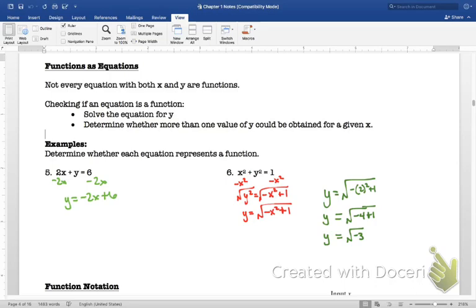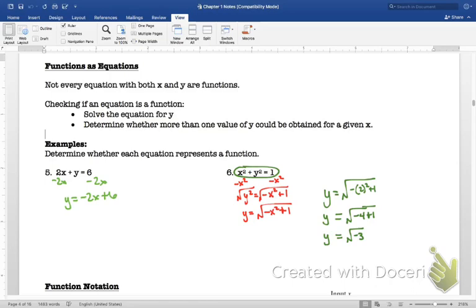This looks fairly close to a circle, although it's not exactly one because it's not minus. But anytime that both your x and y values are squared, you're most likely going to have some issues.